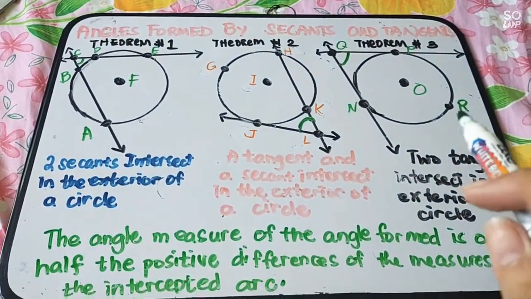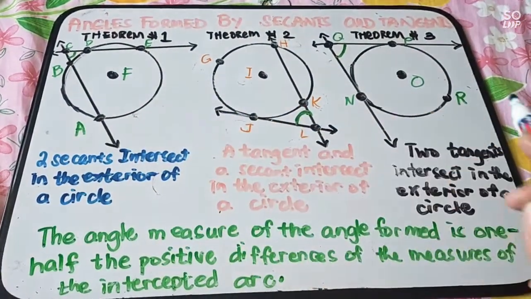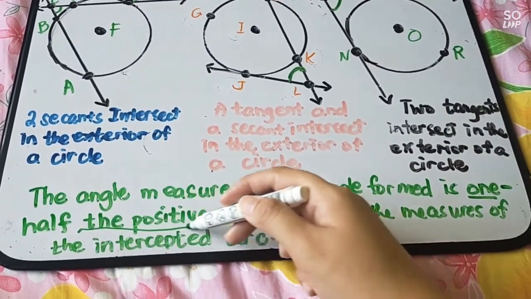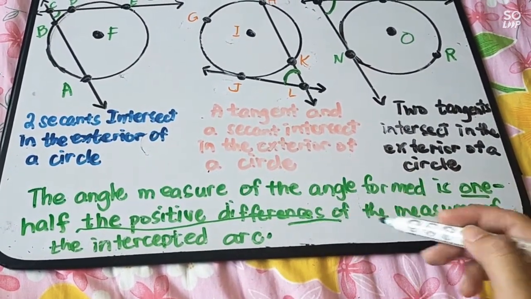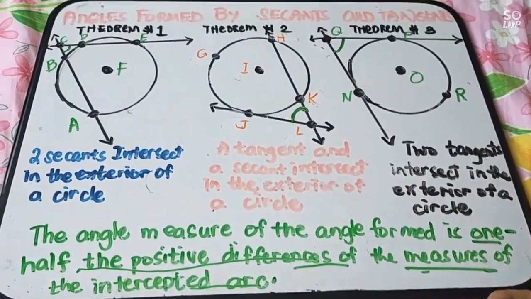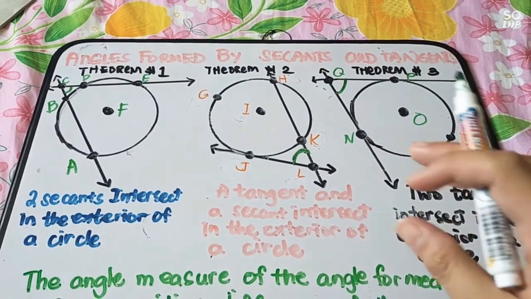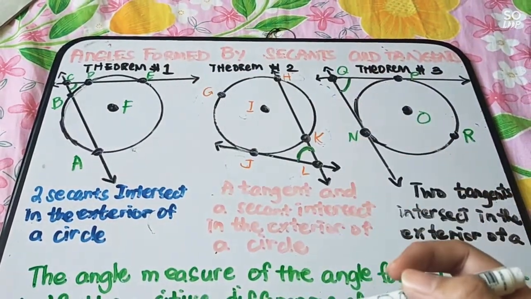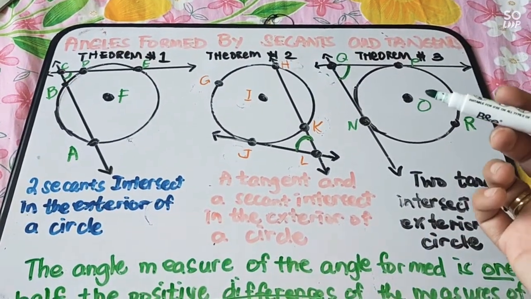So, for you to find the measure of that angle, we have 1/2 of the positive difference of the measures of the intercepted arcs. So, for the intercepted arc that is inside your angle, you will subtract.